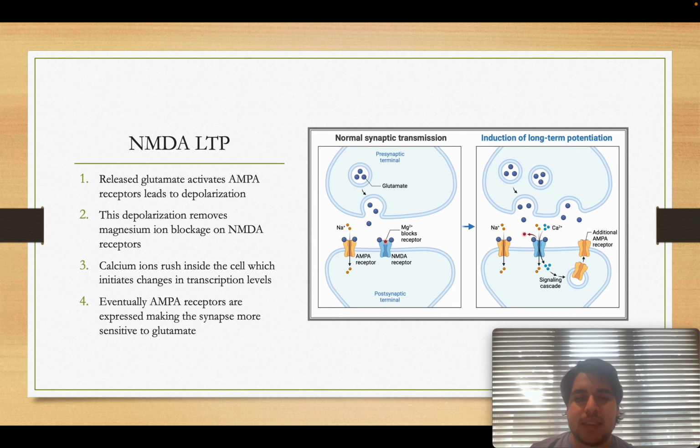This influx of calcium ions initiates a cascade of events inside the cell that leads the nucleus to transcribe more proteins and other transcription factors. The downstream effect, long story short, is that we create additional AMPA receptors, so the neuron becomes even more sensitive to glutamate release in the future.